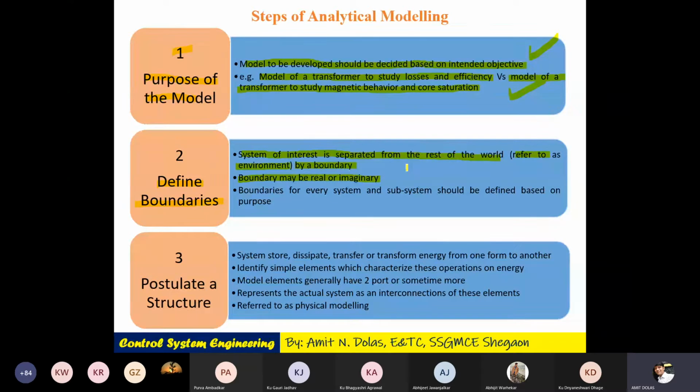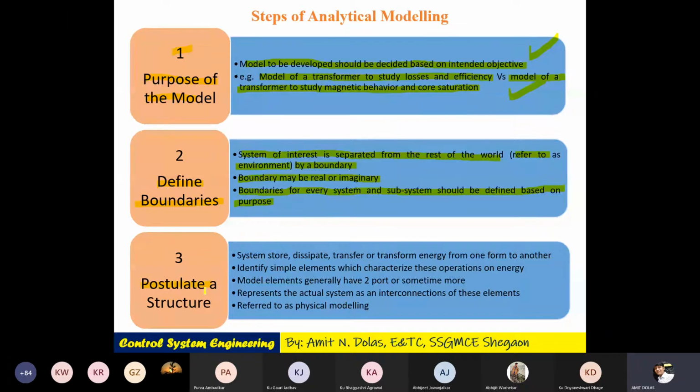What are the external environment factors that affect the system performance, like how many people may be in the room and what will be the effect on the room temperature. Accordingly, the system has to take an action to correct itself. So boundaries for every system or subsystem should be defined based on the purpose.